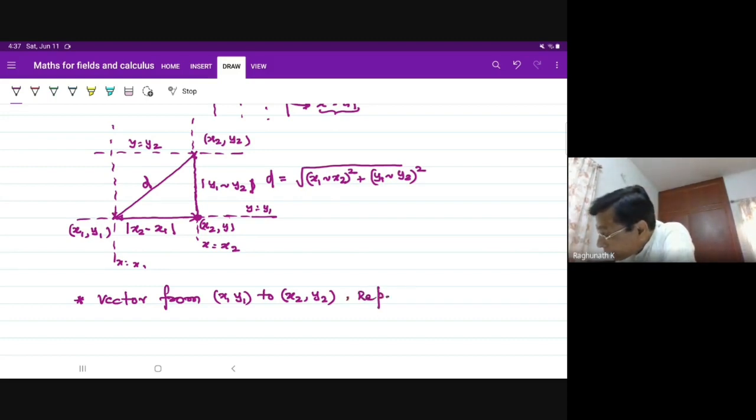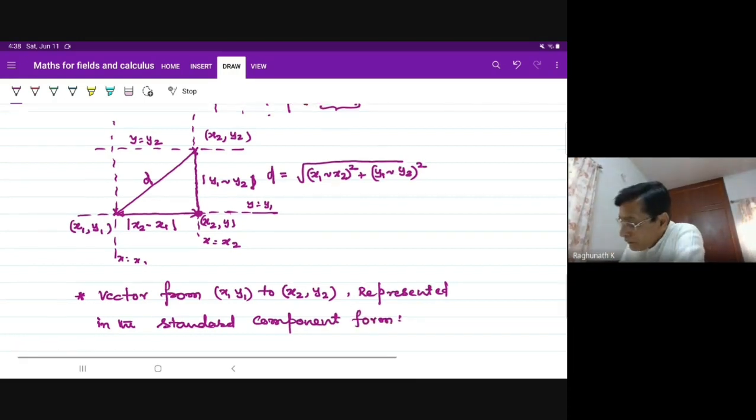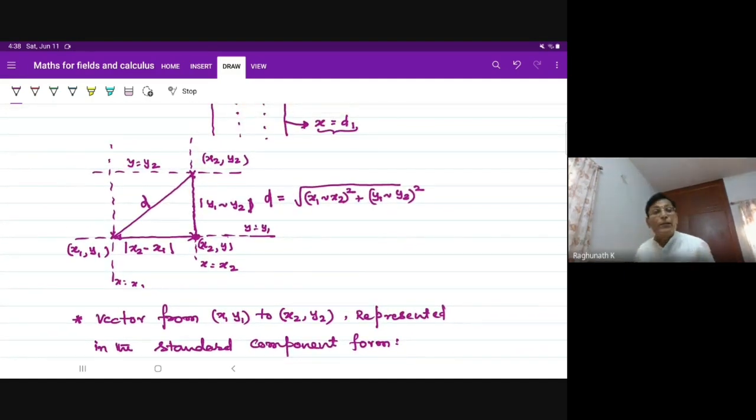Represented in the standard form, the so-called component form. Is what? Standard components are orthogonal components.